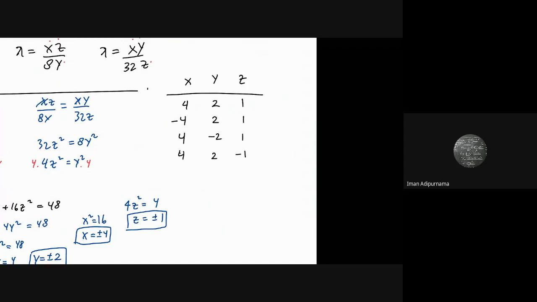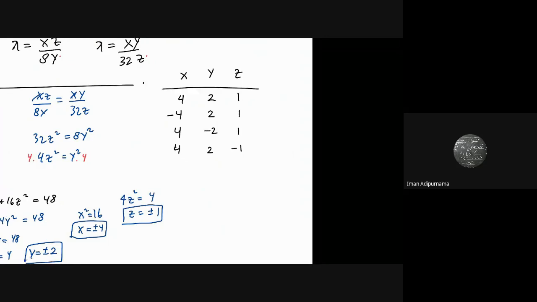So we need to take all the possibilities that we can have. Then -4, -2, -1, and the -4, all negative, yeah.